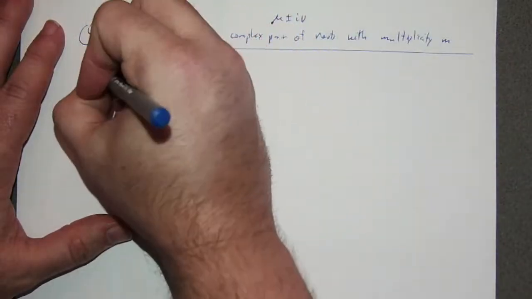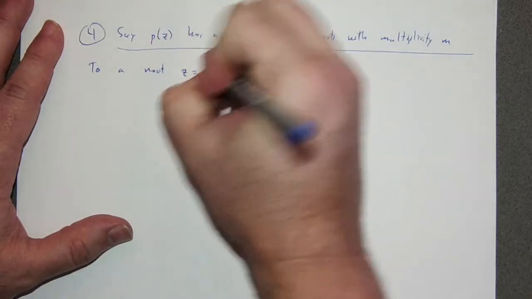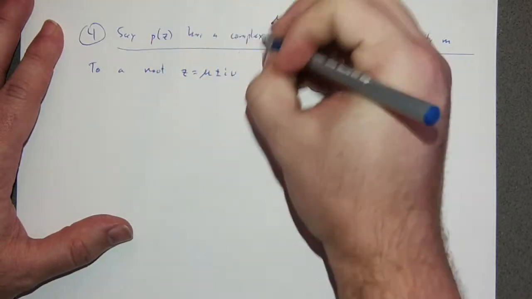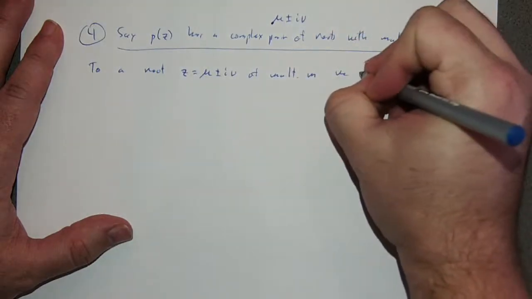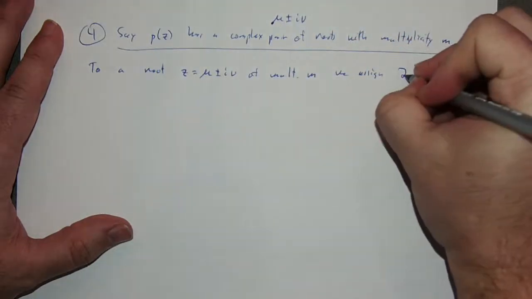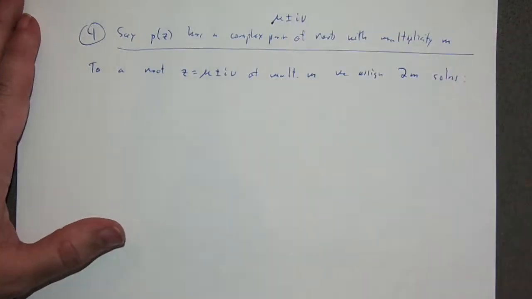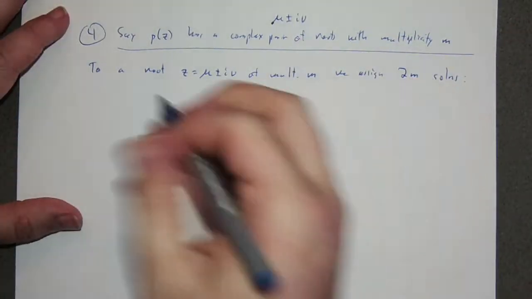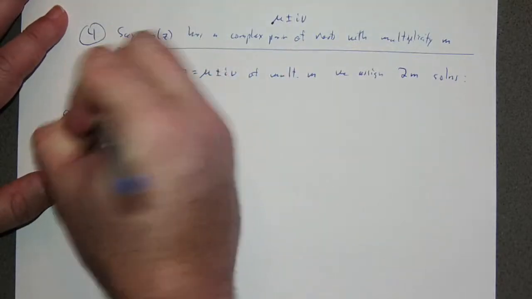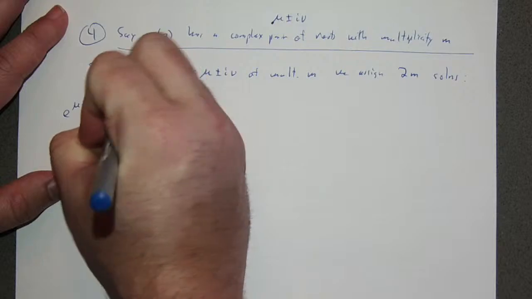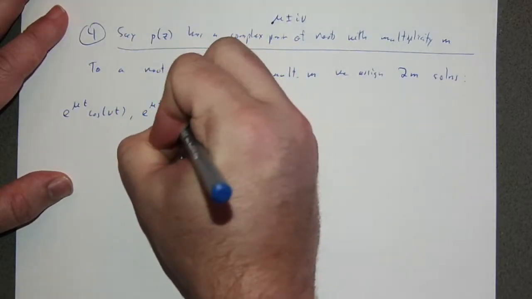So to a root z equals mu plus or minus i nu of multiplicity m, we assign 2m solutions as follows. So I have e to the mu t cosine nu t, e to the mu t sine nu t.